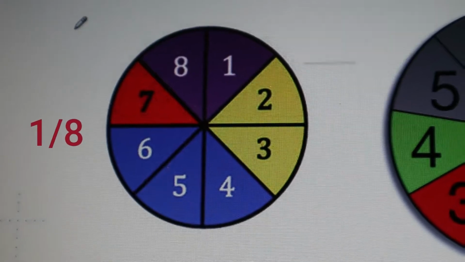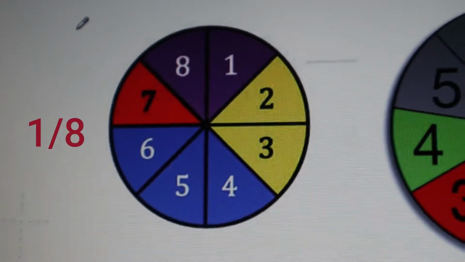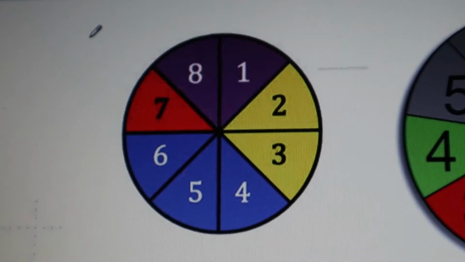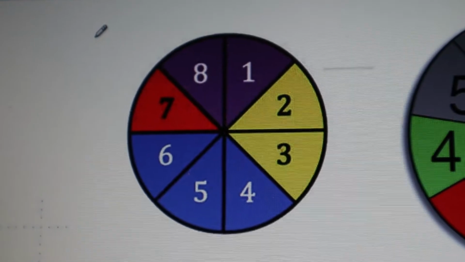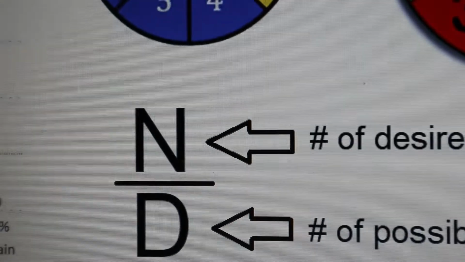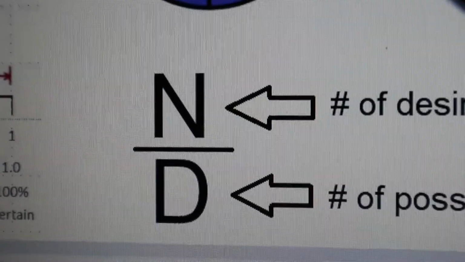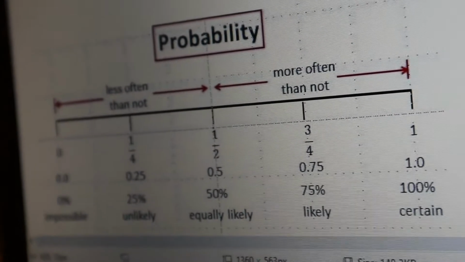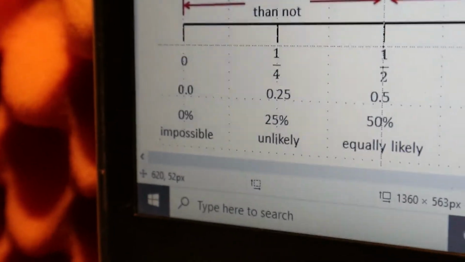So your fraction to describe the probability of spinning a spinner and landing on 7 would be 1/8. Okay, so 1 in 8 chance. And on that scale, it would be very unlikely. It would be less than the 1/4 chance.